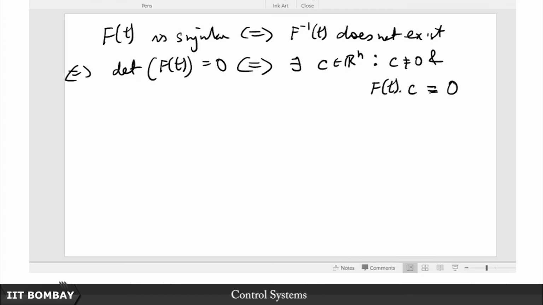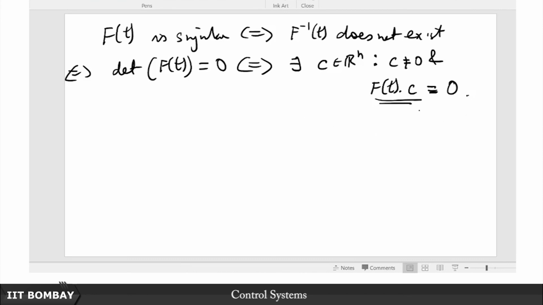Because then the linear combination of the columns of F turns out to be 0, and it is a non-trivial combination of the columns, therefore F cannot be full rank, therefore F is singular. F singular means it cannot be inverted, it means that its determinant vanishes; all these are equivalent conditions. I hope that you brush up a bit on some preliminary linear algebra you might have done in your undergraduate courses, and then you would see that this is indeed the case.